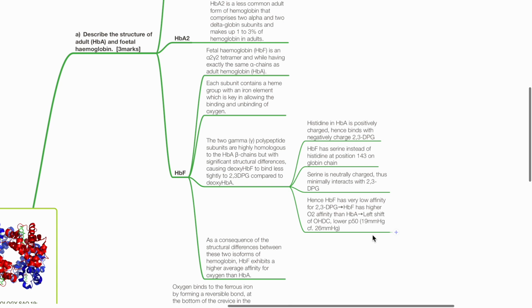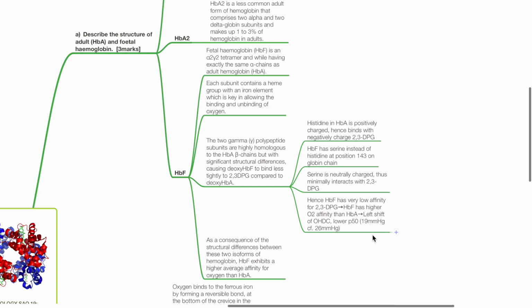Fetal hemoglobin, HbF, is an alpha-2, gamma-2 tetramer, having exactly the same alpha chains as HbA. Each subunit contains a heme group with an iron element, which is key in allowing binding and unbinding of oxygen. The 2 gamma polypeptide subunits are highly homologous with HbA beta chains, but with significant structural differences, causing deoxy-HbF to bind less tightly to 2,3-DPG compared to deoxy-HbA.